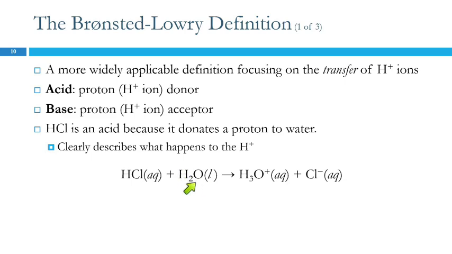The water molecule is accepting the proton. We form hydronium ion and chloride ion. So this more clearly describes what happens to the hydrogen ion. It's not just that it's floating around loose in solution. Any questions?